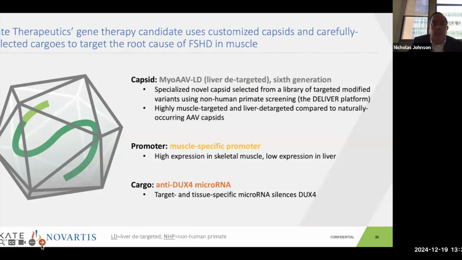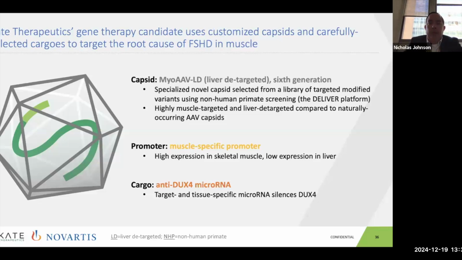And then the last one in this particular section is from Kate Therapeutics. So they have an FSHD program here. They're going back to using this AAV technology. So this is a virus. The virus that they use is a proprietary virus that's been made by the company using what's called a MyoAAV.